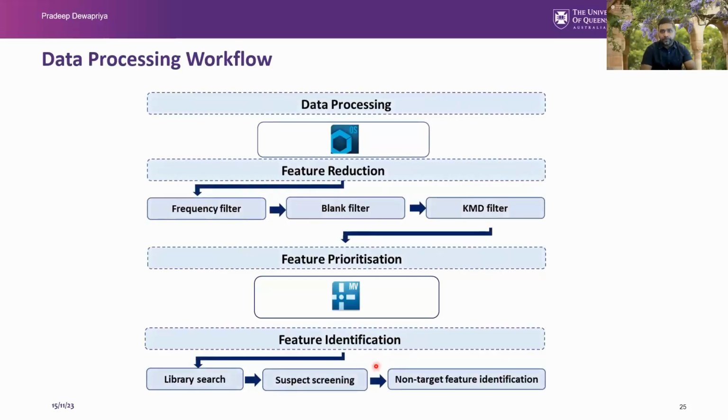As I mentioned, data processing is a challenging and time-consuming part of the non-target analysis, so it took a fair bit of time to optimize the workflow. This is the data processing workflow that we optimized and use for analyzing contaminated cow blood and serum samples. In the next part of my talk, I will briefly talk about the different steps in my data processing workflow.